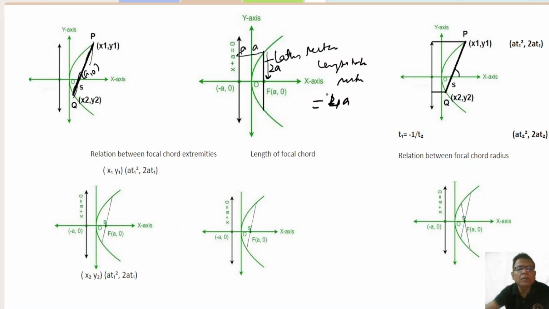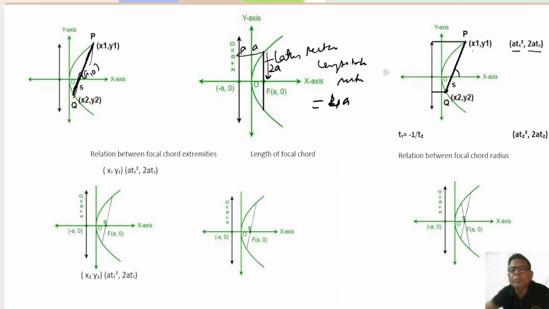What is the second point? Here it is a standard equation, so parametrically it can be written as (a t1 square, 2a t1).